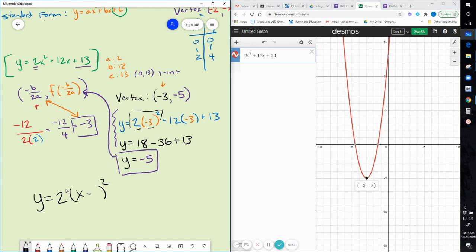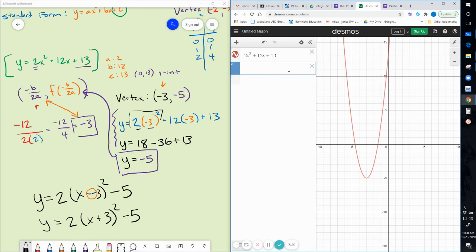So if I throw a -3 in here, okay, and then my y value or my k value is -5. The only problem is we have 2 negatives here, and that turns into a positive. So now my equation is 2 times x plus 3 squared minus 5. Now, there's the vertex form.